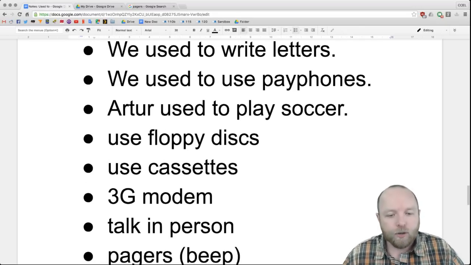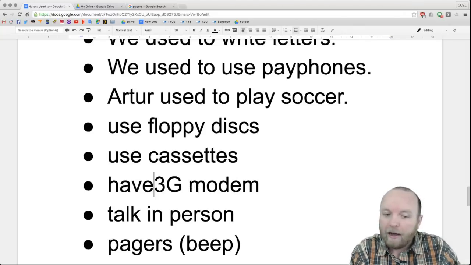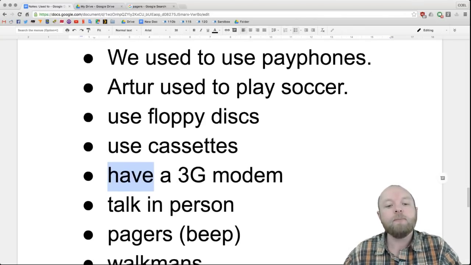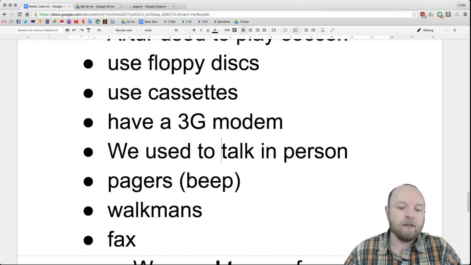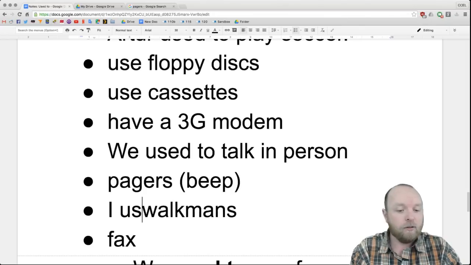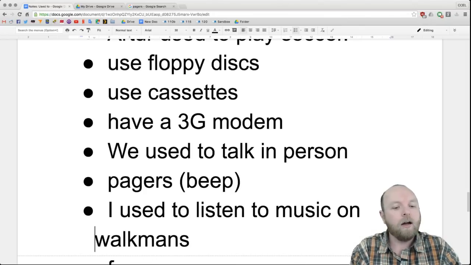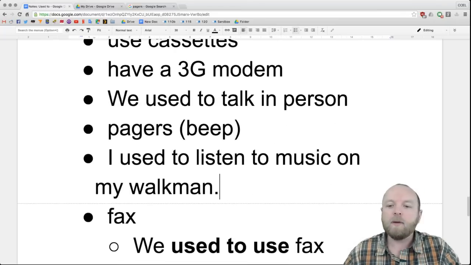We used to use cassettes, right? We used to maybe have a 3G modem, right? Or maybe use a 3G modem. We used to talk in person, right? I used to listen to music on my Walkman, my Sony yellow Walkman.